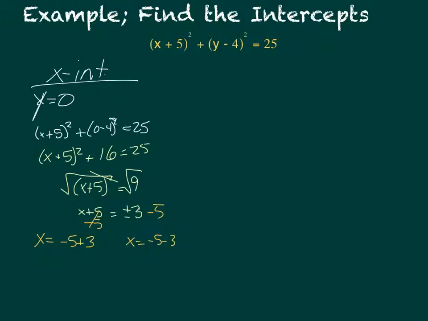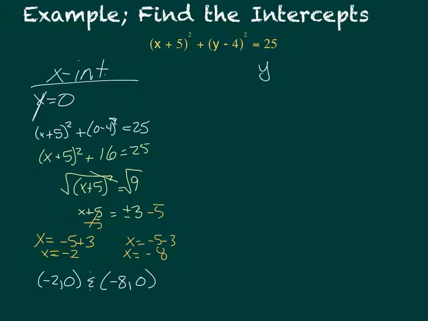So that means my x would equal negative 2, or my x would equal negative 8. So those are my two x-intercepts, and we write those as points. So we'd write it as (negative 2, 0) and (negative 8, 0). So those are my x-intercepts.